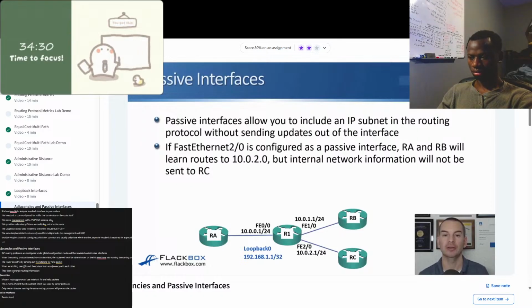Passive interfaces allow you to include an IP subnet in the routing protocol without sending updates out of the interface. So here, if FastEthernet 2/0 is configured as a passive interface, RA and RB will learn routes to 10.0.2.0, but internal network information will not be sent out to RC.